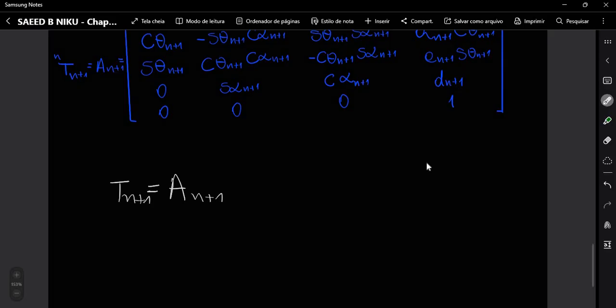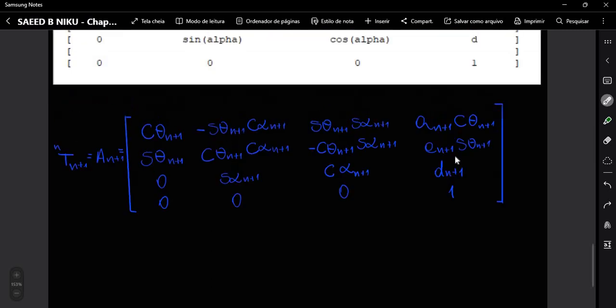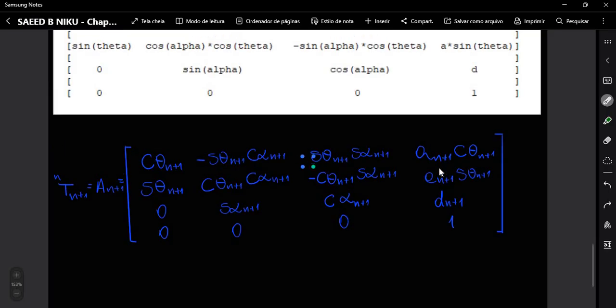So A n plus 1 means the number of transformations that we are doing in a system with a certain robot with any number of links and joints. So again, this is the advantage of using DH, because we can represent any type of robot arm, for example, with any number of joints and links.